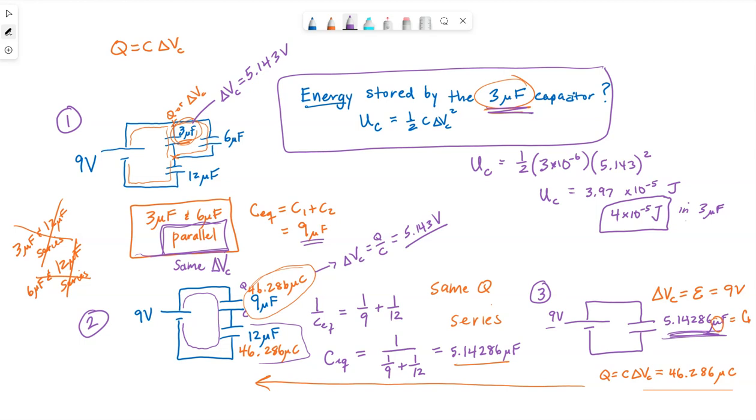It really, truly helps in determining series and parallel. From there, the equations aren't terribly hard to use, but conceptually reasoning through, we have to be careful about and intentional about remembering that series, they have to have the same charge. Parallel, they have to have the same potential difference. Okay, so let's move on to some other examples.